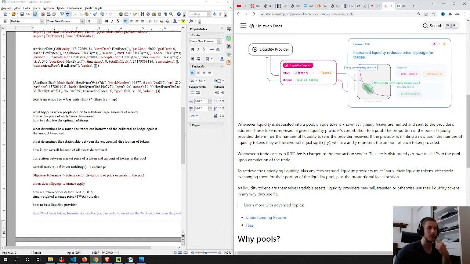Because I'm thinking about X and Y being the tokens inside of the pool. But, oh, so now I think I get it. The equation is the bridge between the market outside and the market inside the pool.